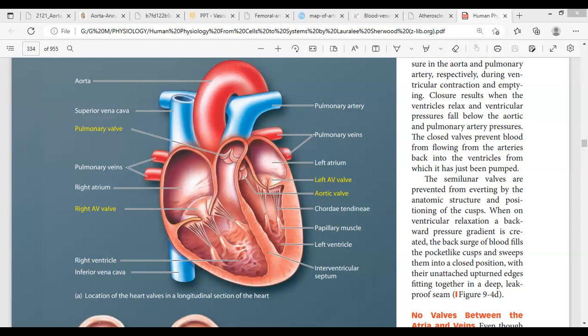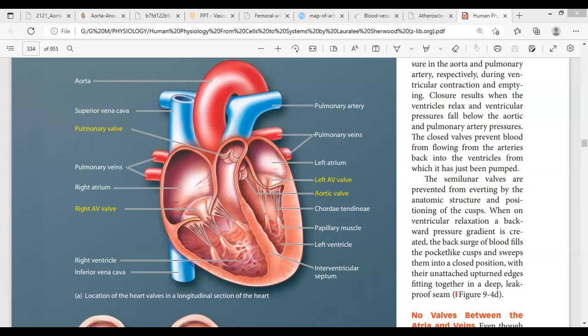So we'll start with the anatomy of the heart, then look at the few major blood vessels in the cardiovascular system. After that, we'll go directly to the physiology, which will take us a bit more time.